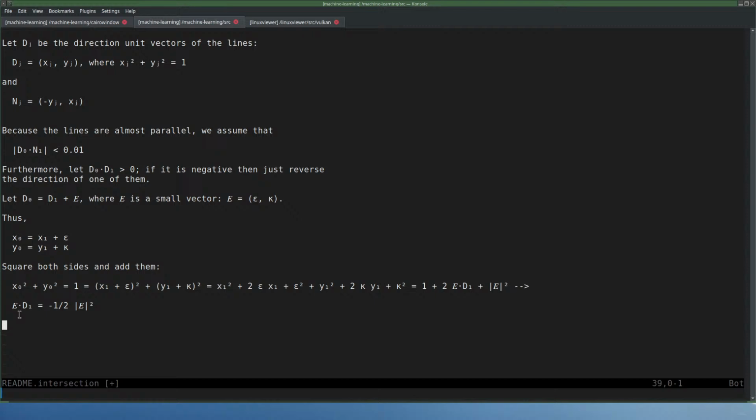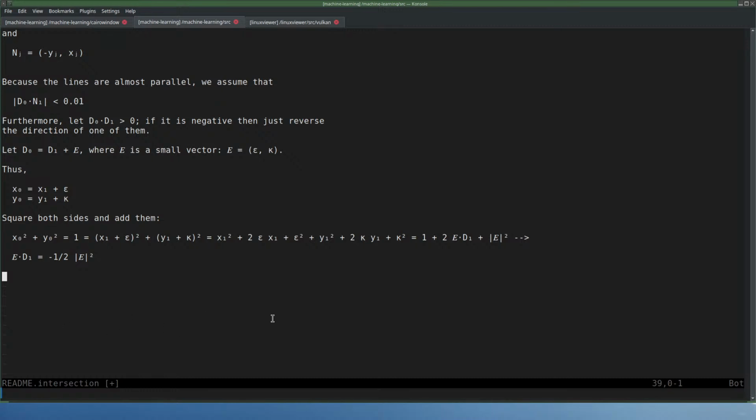So this means E projected onto D is minus a half times the length of E squared. How to interpret that, man?